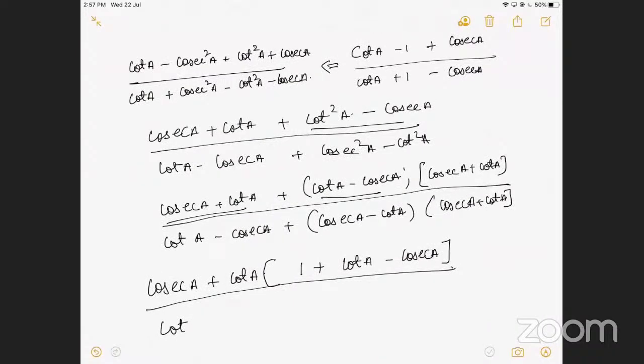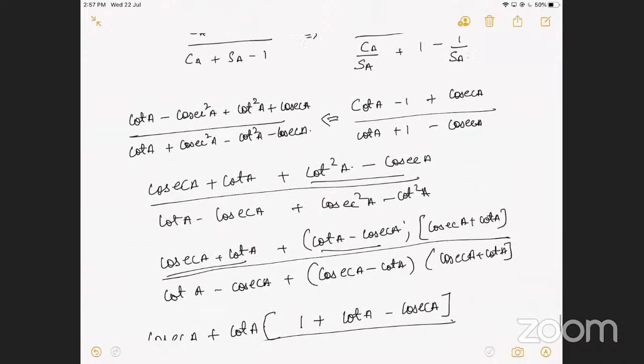Sir, I am not getting how to explain it to you. Tell me what you took common. Sir, actually common did not come, because directly the denominator became cot A minus cosec A plus 1. How did you get that cot A minus cosec A plus 1? Could you explain? How did you get it directly?